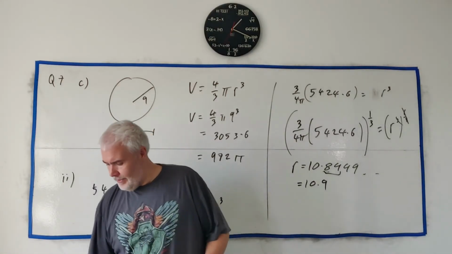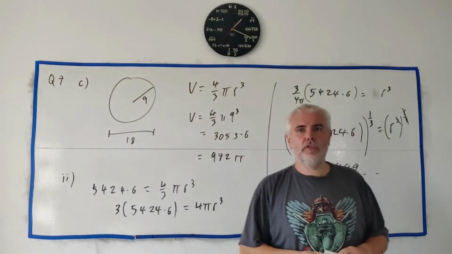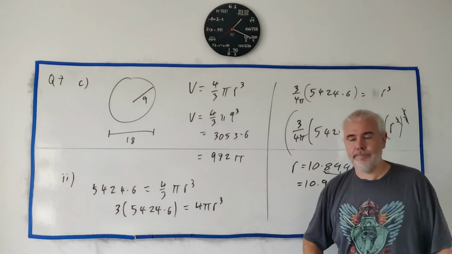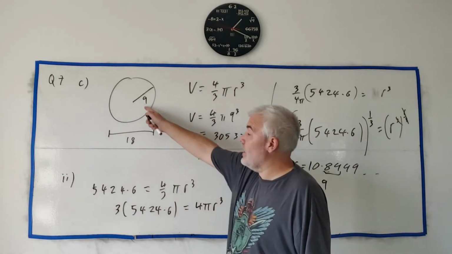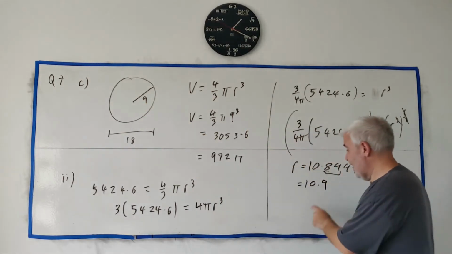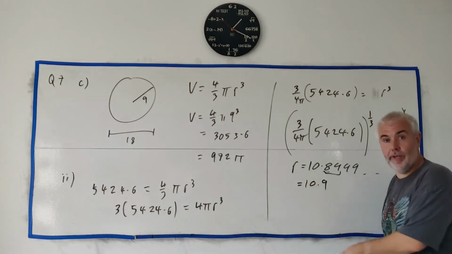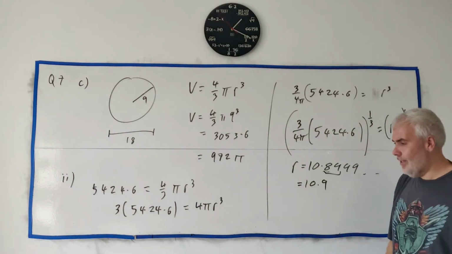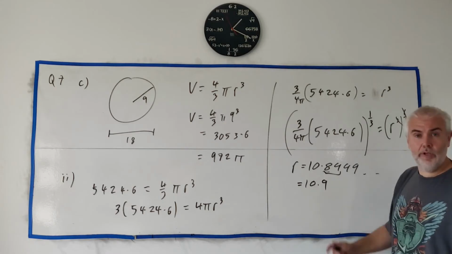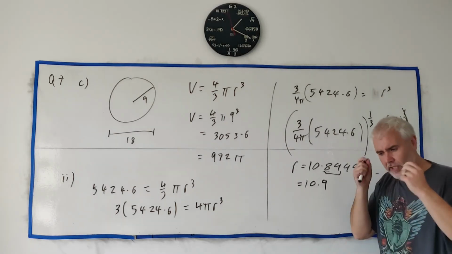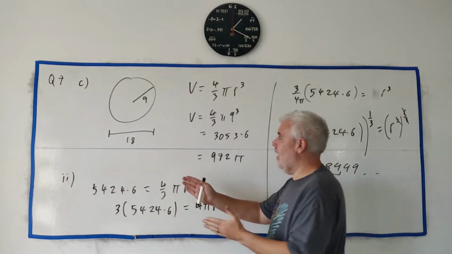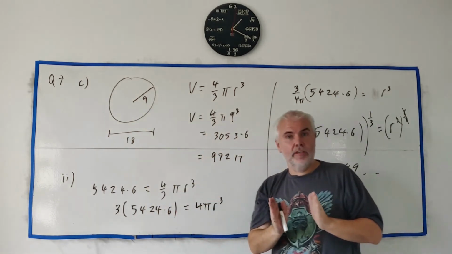One thing I'll say about this is it's often very useful to check if your answer makes sense. A child's football had a radius of 9. The adult's football has a radius of 10.9. Slightly bigger. That makes sense. If your answer here was 50, think of it in the real world. This was 9 centimeters.